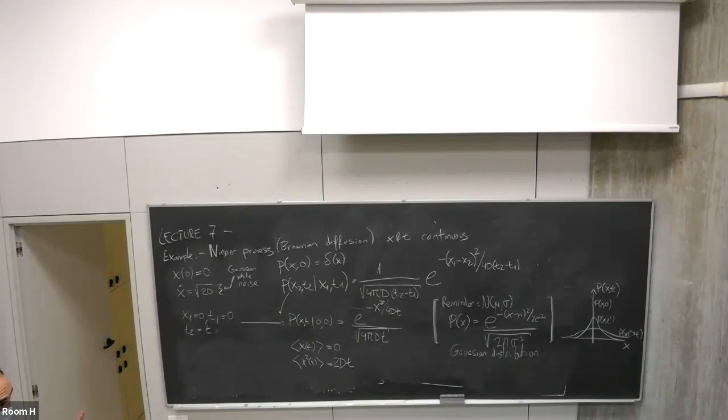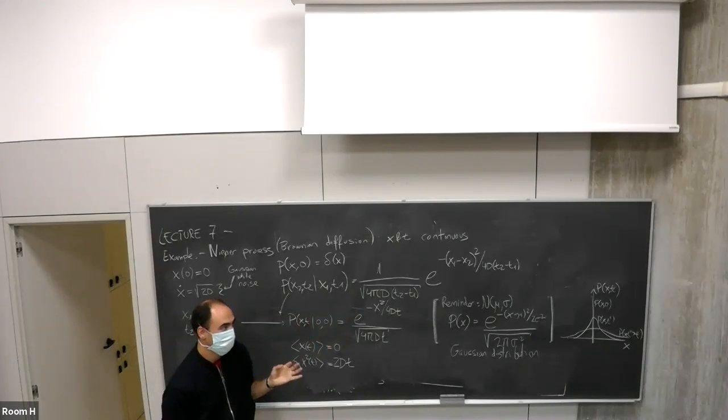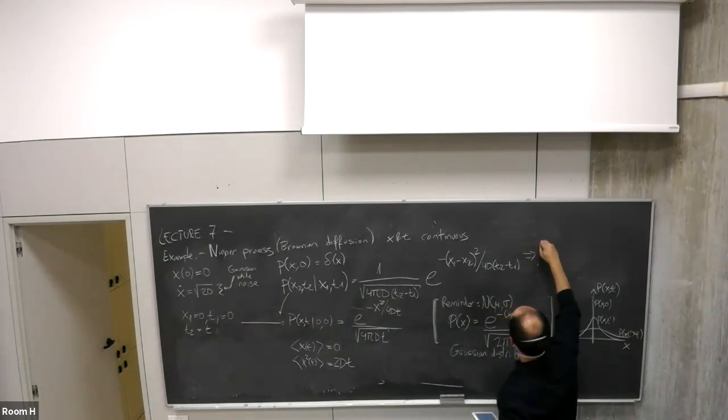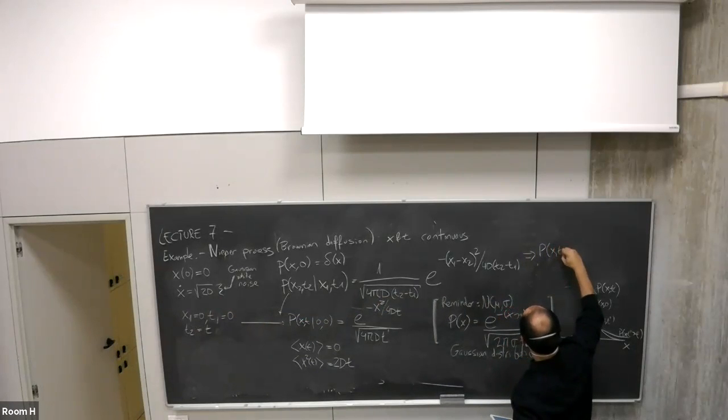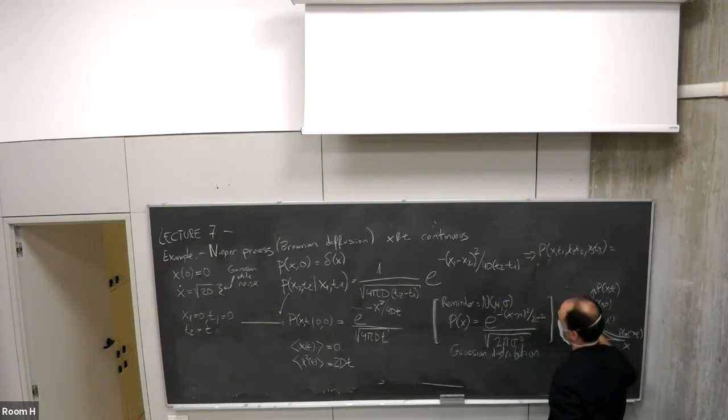With this, you can calculate the probability of any trajectory in this Brownian dynamics. If you want to know P(x1 t1, x2 t2, x3 t3), this will be easy.